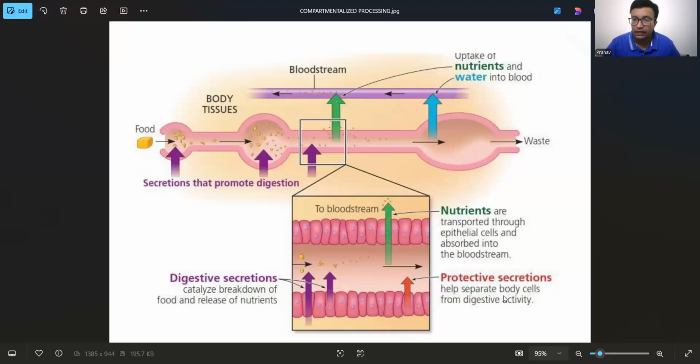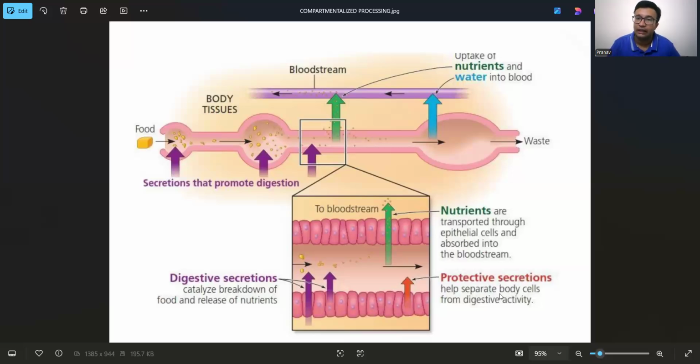There are also some protective secretions along the lining of the digestive tract which will protect the lining of the digestive tract from the harmful acidic effect caused by secretion of dilute HCl within stomach.